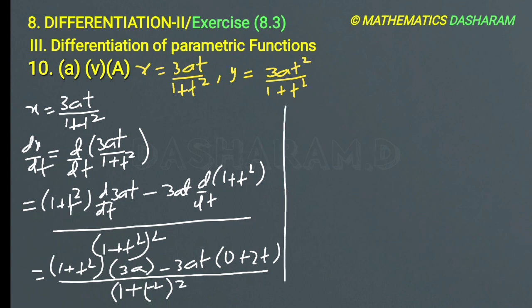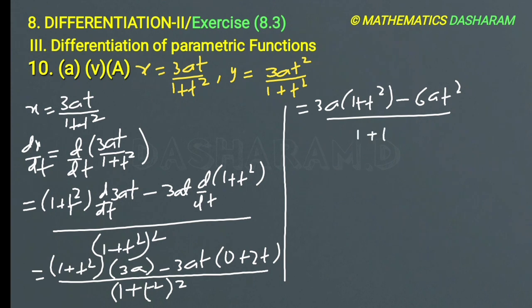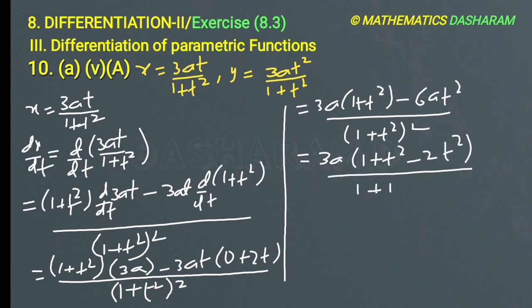Next it is equal to 3a bracket of 1 plus t square, 3 2s are 6a t square divided by 1 plus t square whole square. So here we can take the 3a common, 1 plus t square minus 2t square all divided by 1 plus t square whole square.